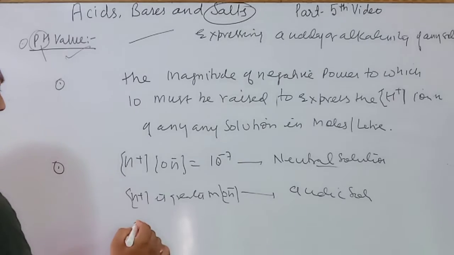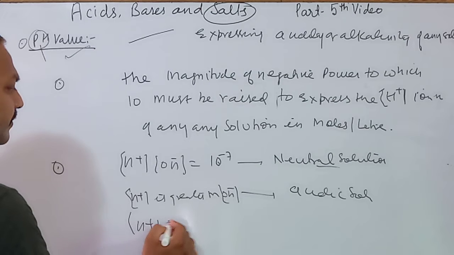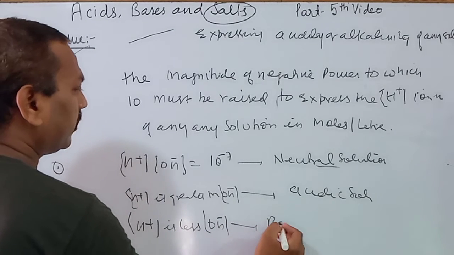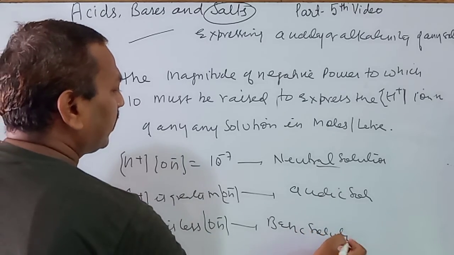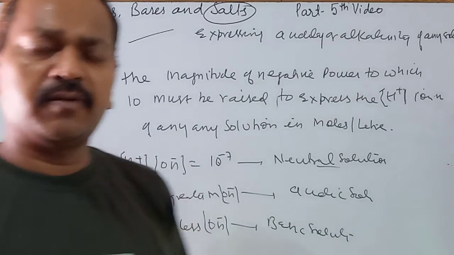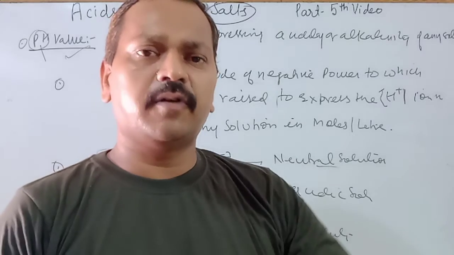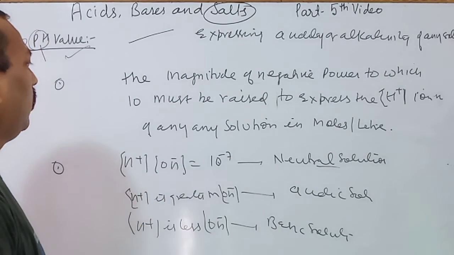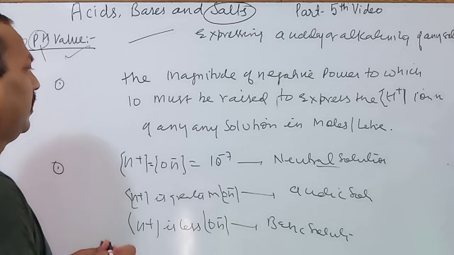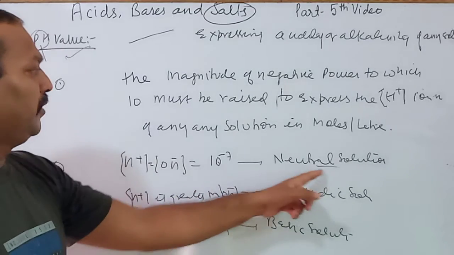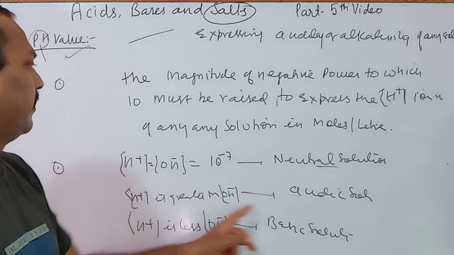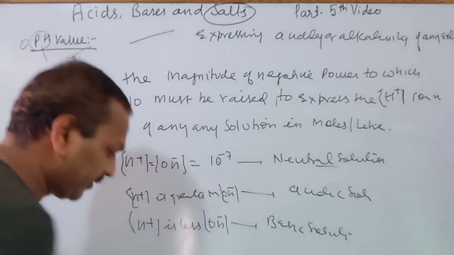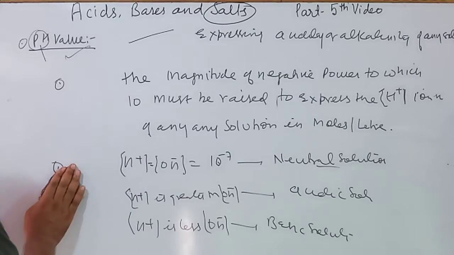If the hydrogen ion concentration is less than the OH ion concentration, it is a basic solution. So on the basis of hydrogen ion concentration, we can also predict the nature of the solution. It is very simple, children. Case number 1: hydrogen ion concentration equal to OH ion concentration, at room temperature, is a neutral solution. Greater hydrogen ion concentration is an acidic solution. If hydrogen ion is less than OH ion, it is a basic solution. This is the case. Now next, we have a scale.